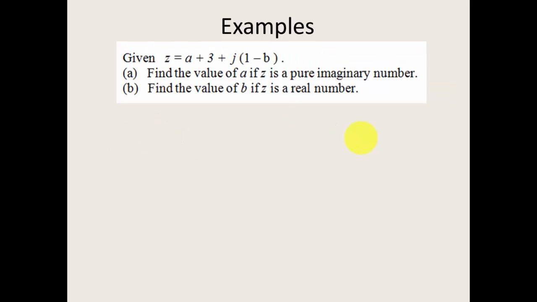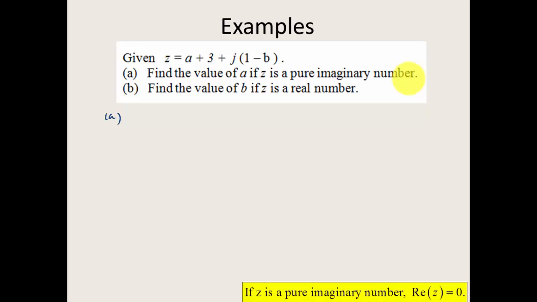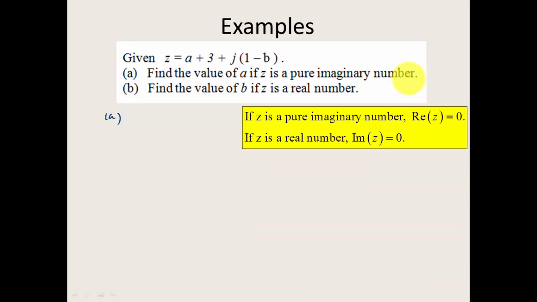Here is one more example. I'm given this complex number. Part A would like me to find a if z is a pure imaginary number. Recall from just now, we say that if z is a pure imaginary number, then its real part must be 0. So, what is the real part of z?